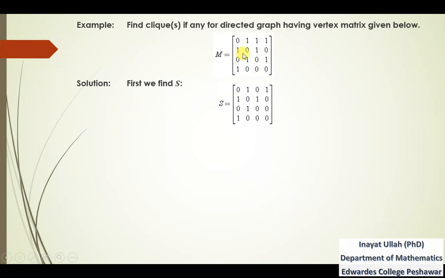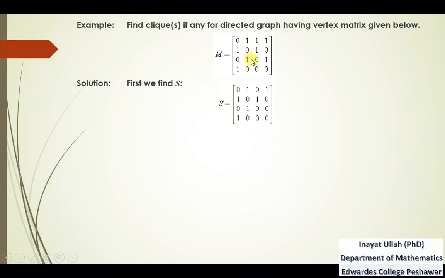Search for ones. Okay, this entry is 1, in the second row and third column, so this is M23. So try to search M32. This is M32.